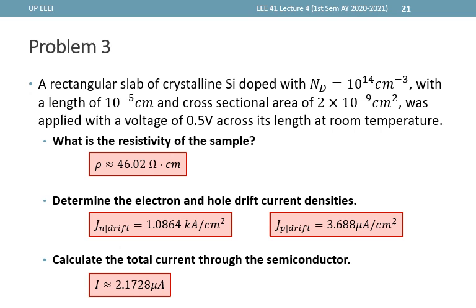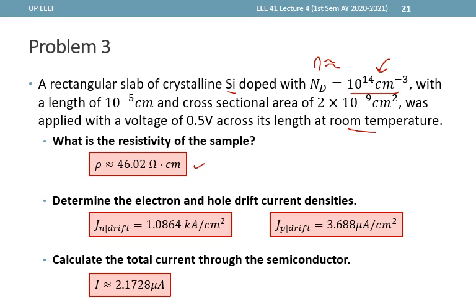And with that, we have actually answered all the questions. We computed the resistivity. So for the resistivity, we use n is approximately 10 raised to 14, because this Nd is much greater than Ni, and this is silicon at room temperature. We also needed the mobility values to compute this one, so we use the table, and again use Nd is 10 raised to the 14.